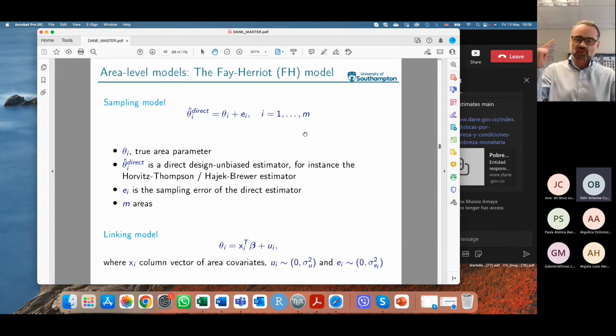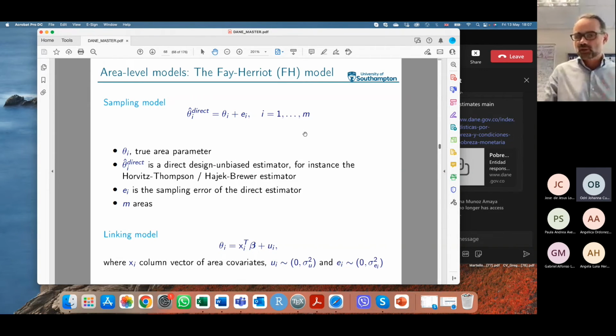You need auxiliary information that is predictive of the direct estimates, again at the area level, or the municipality level in your case. And you also need the variances of the direct estimates, which are estimated using methods that were presented by Angela in the first part of the session.